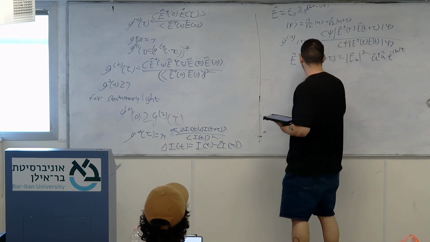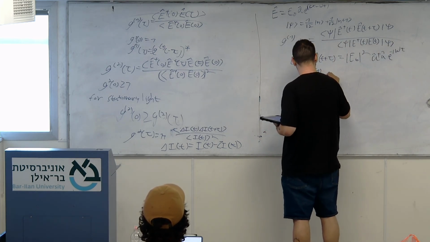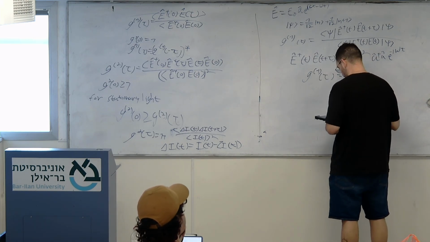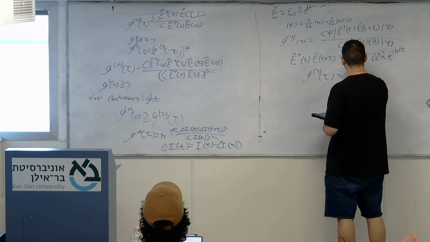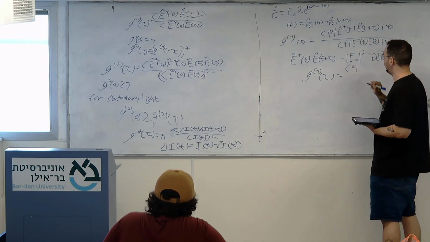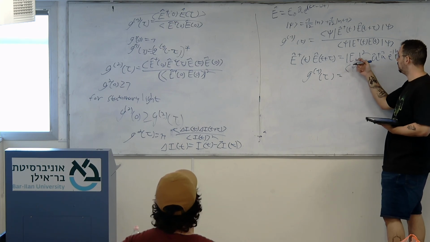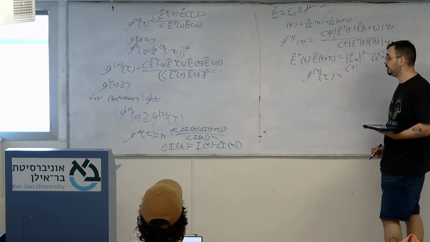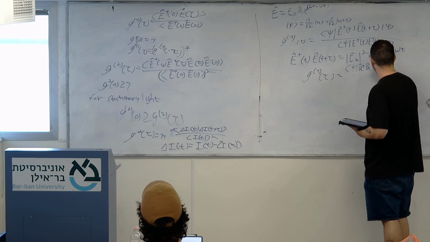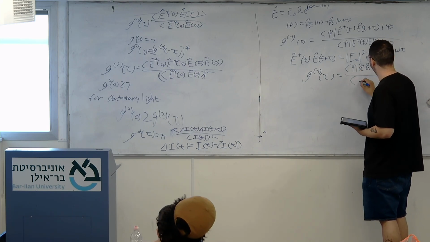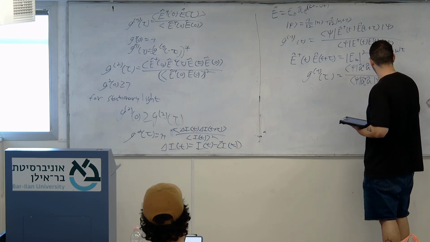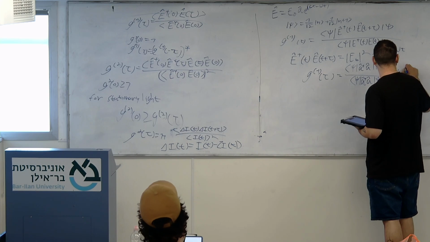So we get that g1 of tau would be equal to: the absolute value of E0 squared will cancel out from the two parts, and we're left with psi a dagger a psi divided by psi a dagger a psi, times e to the minus i omega tau.